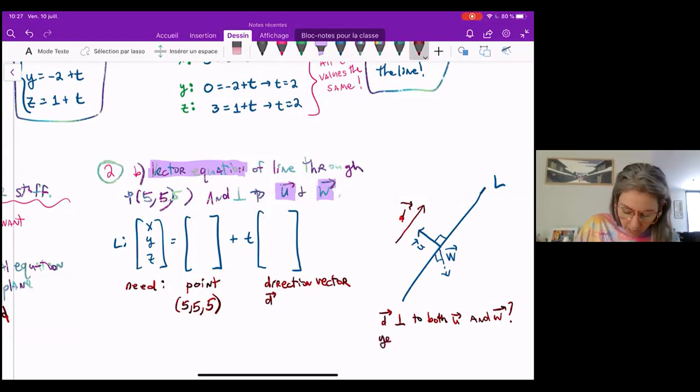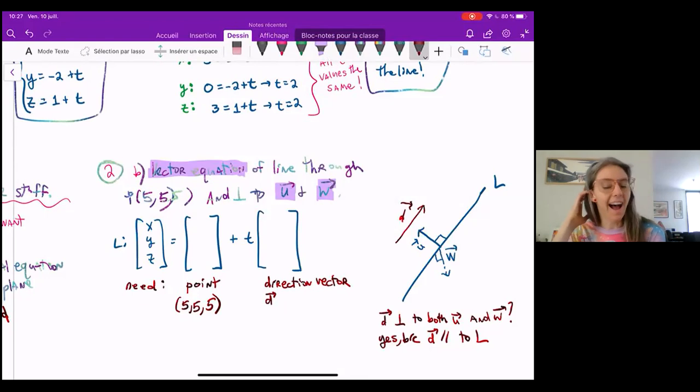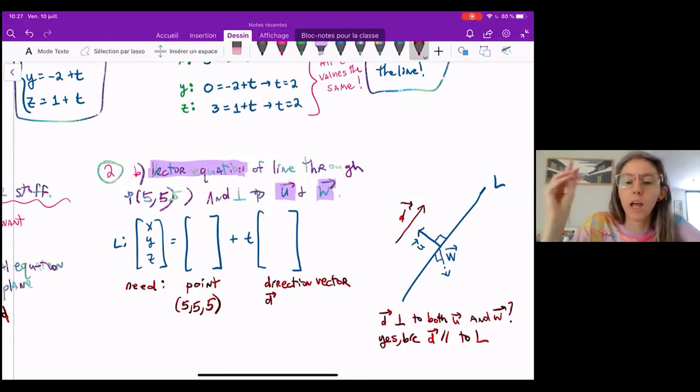So here I could say yes, because D is parallel to L. We can also see that from the picture. Look, D is clearly perpendicular to U. I can draw it so that it's really obvious. Well, it's also perpendicular to W. Now, how do I find a vector that's perpendicular to two given vectors?